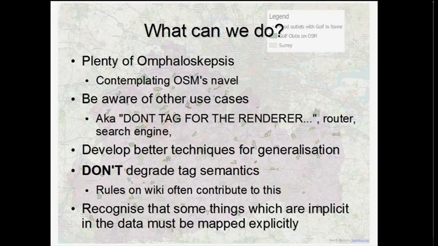And sometimes when people write rules on the wiki about what a tag means, this has the effect of people reusing the tag to mean something else from what people have already used it to map. And that can make certain things fairly useless. I mean, we have this wonderful tag land use equals grass.